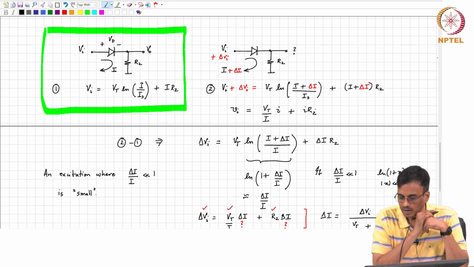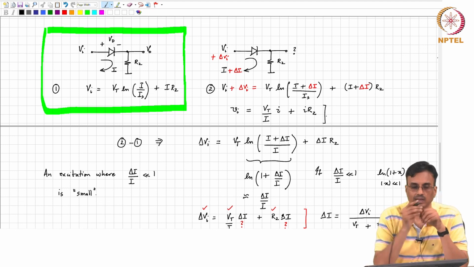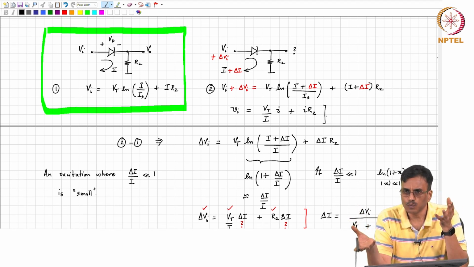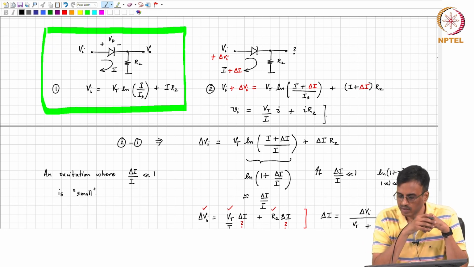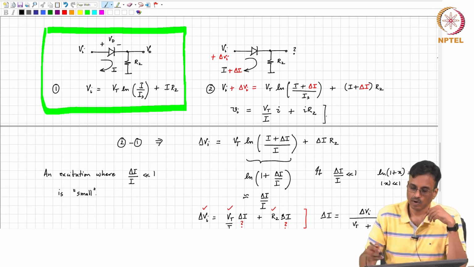Once you have a linear equation like this, you can also have a circuit which represents this linear equation. And what is that circuit, do you think? What is it?